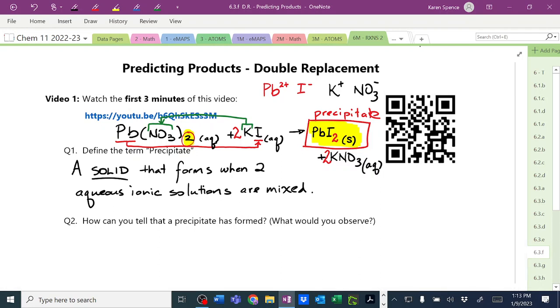How can you tell that a precipitate has formed? What would you observe? Tell your partner, what would you see that lets you know that a precipitate has formed when you mix two aqueous solutions?